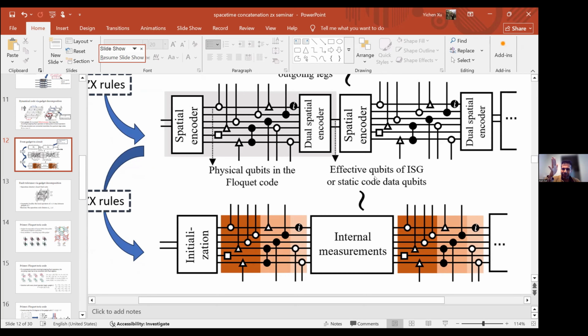So I guess we are comparing the space-time code distance to the code distance of this unconcatenated incoming toric code. In that sense, there is the greater than or equal to over there.